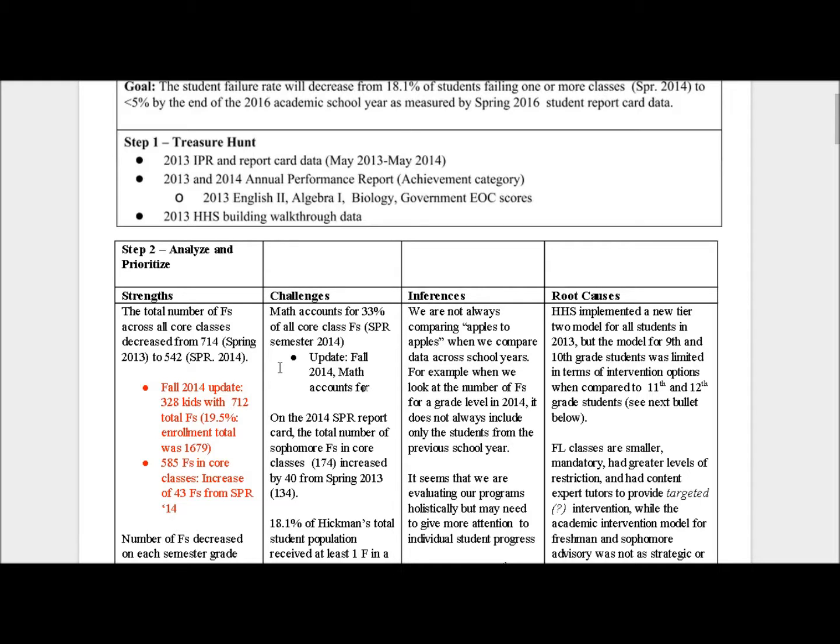But I want to try to update this as much as possible without confusing people. So in fall 2014, I looked at that data, and it showed that there were 328 kids that totaled 712 Fs. So that's approximately 19.5% of our total enrollment, because the enrollment for last semester in December was 1,679. There were 585 Fs in core classes, which is an increase of 43 Fs from spring 2014.